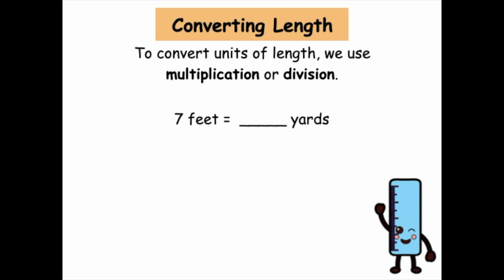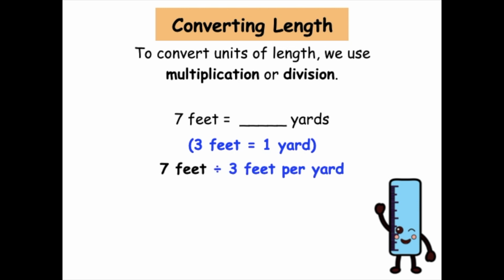So let's try another one. 7 feet equals blank yards. We want to know how many yards are in 7 feet. So we go back to our units of length, probably in a cloud somewhere, and see how many feet are in 1 yard, or how many yards are in 1 foot, whichever. We learned that 3 feet are in 1 yard. So we take those 7 feet and divide them by 3 feet per yard.